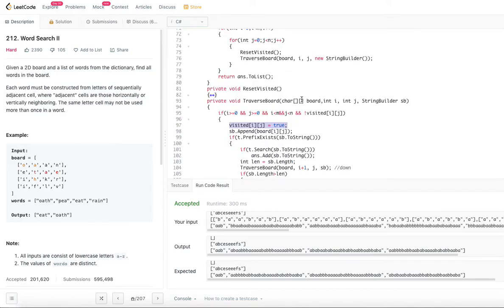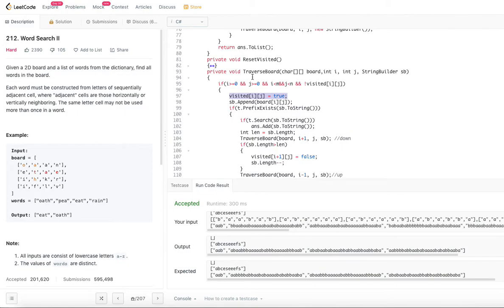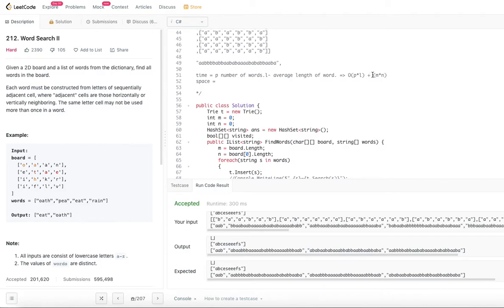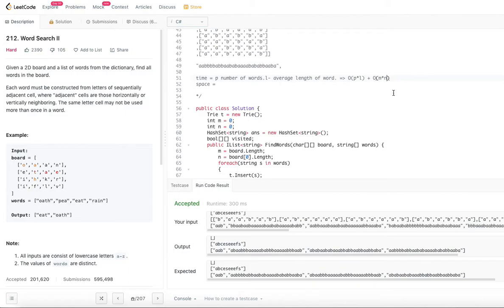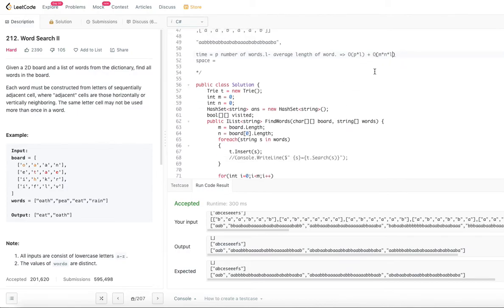How many cells are there? m into n, so that is being captured anyway. But we also want some constant, which we don't know. That will obviously be the length of the word, L. Order of m into n into L, because we don't know the length of the word. So the total complexity will be order of m into n into average length plus order of p into L. This is the total complexity.